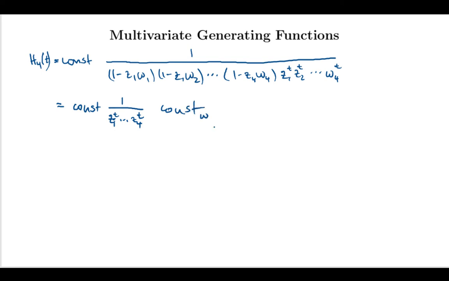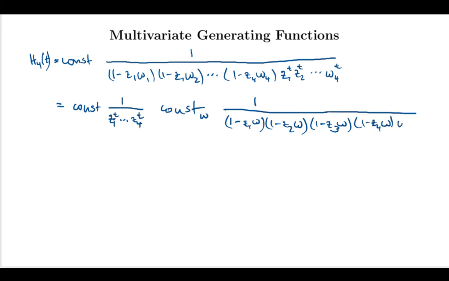And then with respect to each w, what we have to do is compute the constant term of 1 over 1 minus z1 w, 1 minus z2 w, 1 minus z3 w, and 1 minus z4 w.